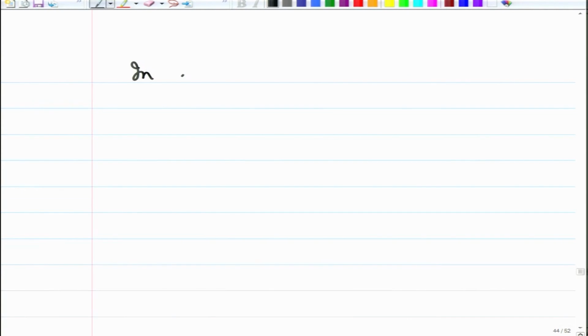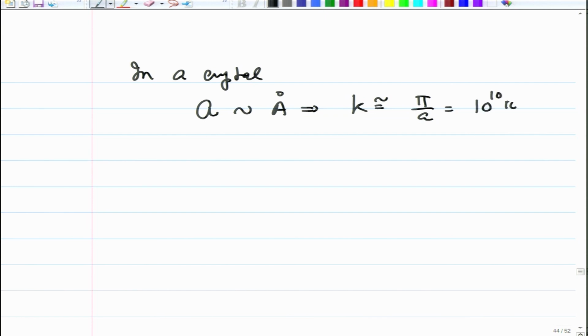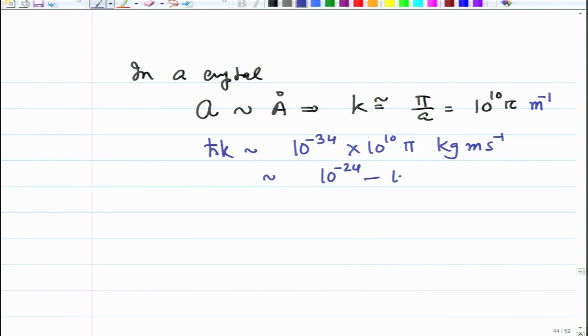So, in a crystal, the particle distance is of the order of angstroms, and therefore, k is going to be of the order of pi over a, which is 10 raised to 10 pi meter inverse, and h cross k therefore is going to be of the order of 10 raised to minus 34 times 10 raised to 10 pi kg meter second inverse, which is 10 raised to minus 24 to 10 raised to minus 23 kg meter second inverse.